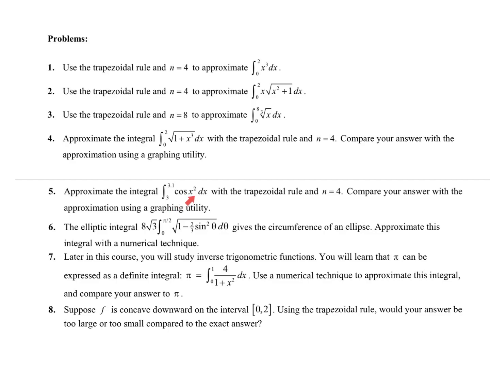There is no function whose derivative is cosine of x squared.